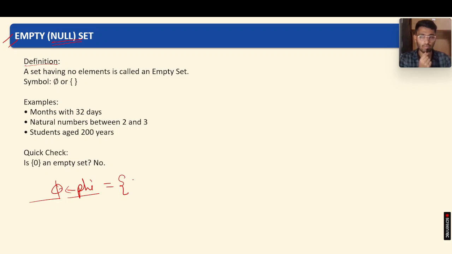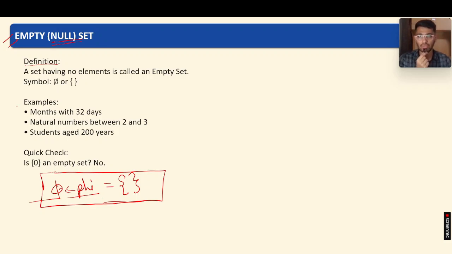So for the empty set, you simply write those braces. There is nothing in it, so you write it this way. Both are okay. These two notations are just for the empty set.